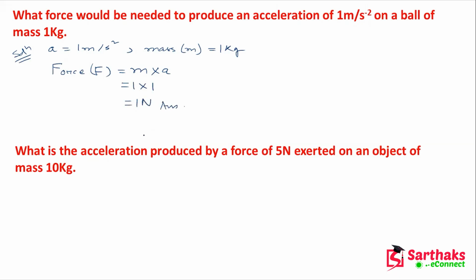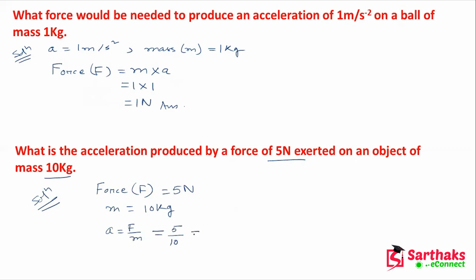Very simple. What is the acceleration produced by a force of 5 Newton exerted on an object of mass 10 kg? Here it has been given force F equals 5 Newton, and mass, denoted by m, equals 10 kg. So acceleration equals F by m, that means 5 by 10, 0.5.